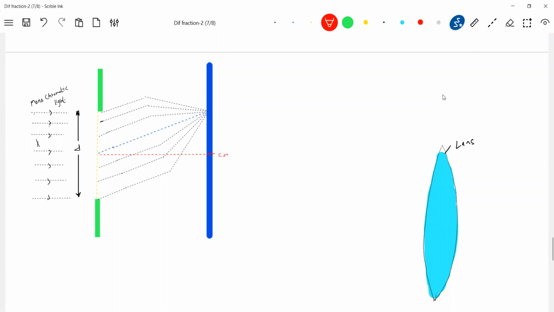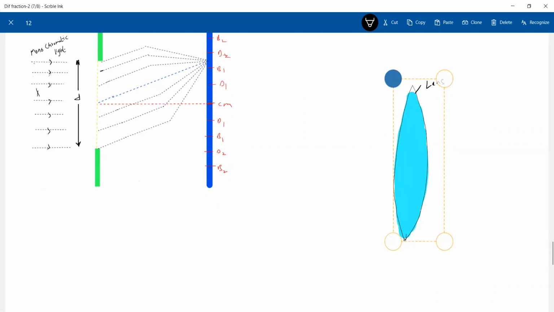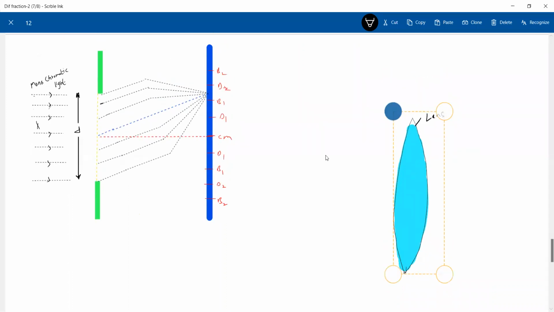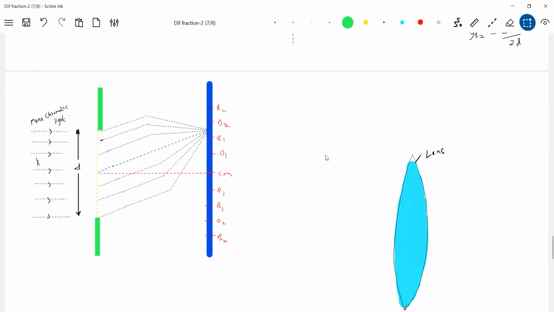So there's a central maxima. First, we'll get D1, next B1, D2, B2. Symmetry will be there. What are the angular positions? I'll remove that lens also. Anything will happen? Nothing will happen. It'll become Fresnel, so again a lot of calculations will be involved here.